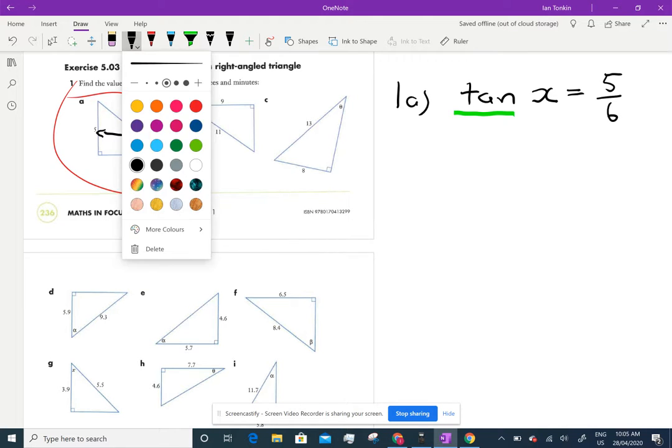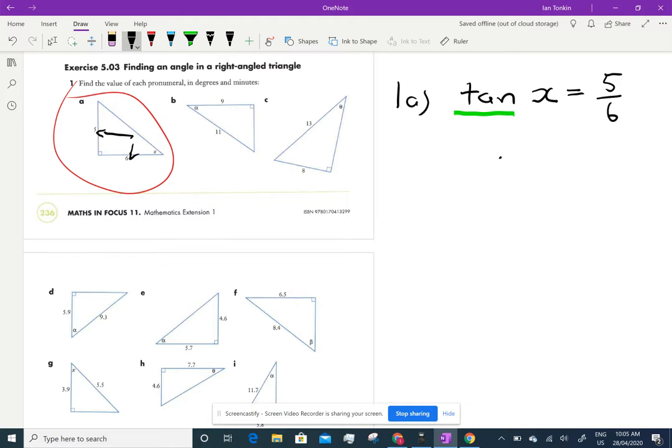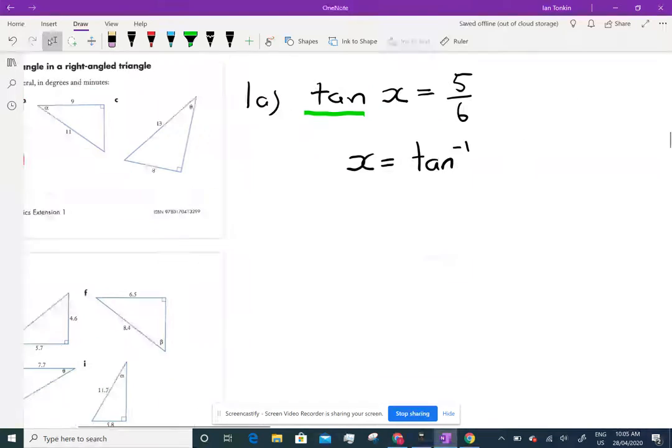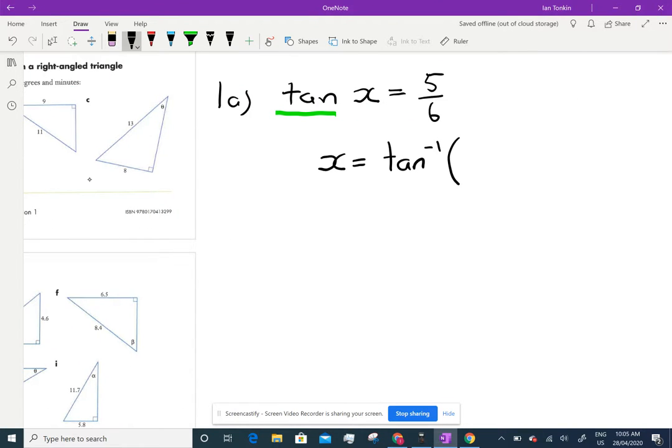And the way to undo tan is inverse tan. So X equals inverse tan. If you go to America or other countries, they sometimes call it arctan. Now it's important to make sure you put it in parentheses.